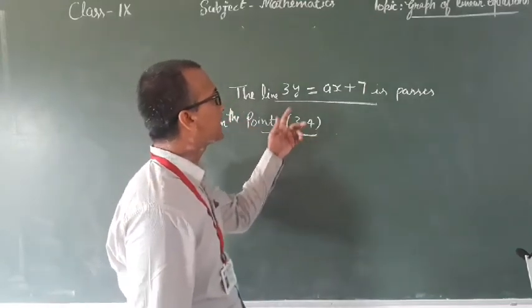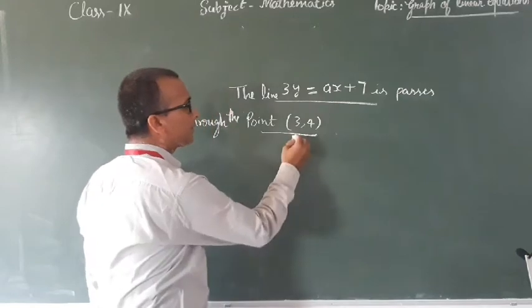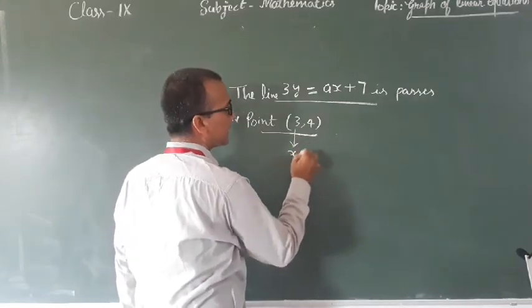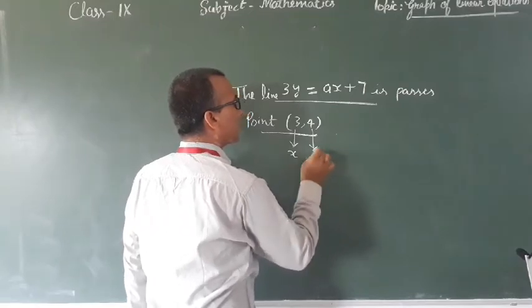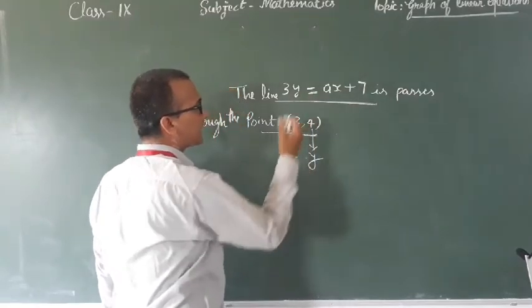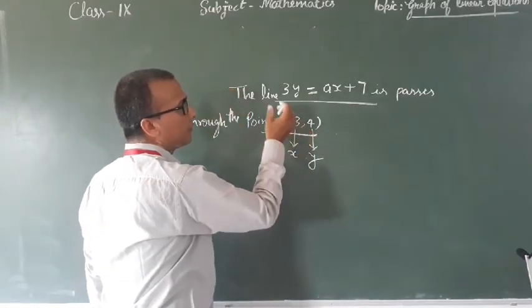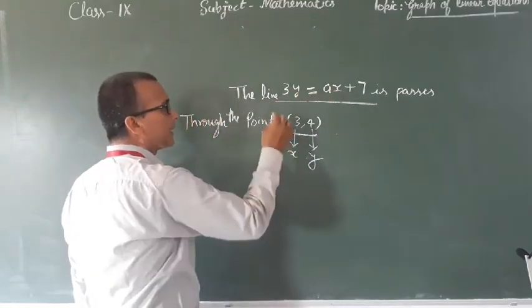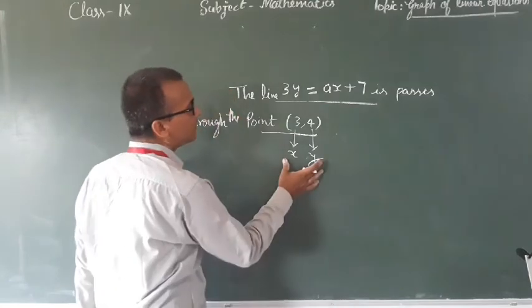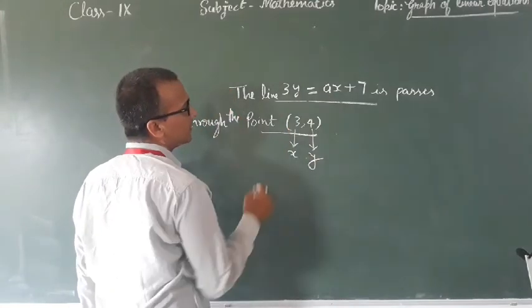It means it will satisfy the value of x 3 and value of y 4. When we put the values of x and y, 3 and 4, we will satisfy this equation. So put these values of x and y in this equation.